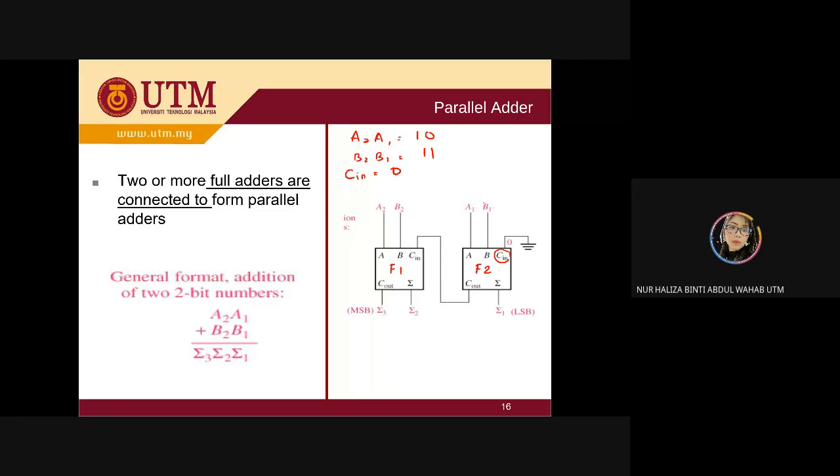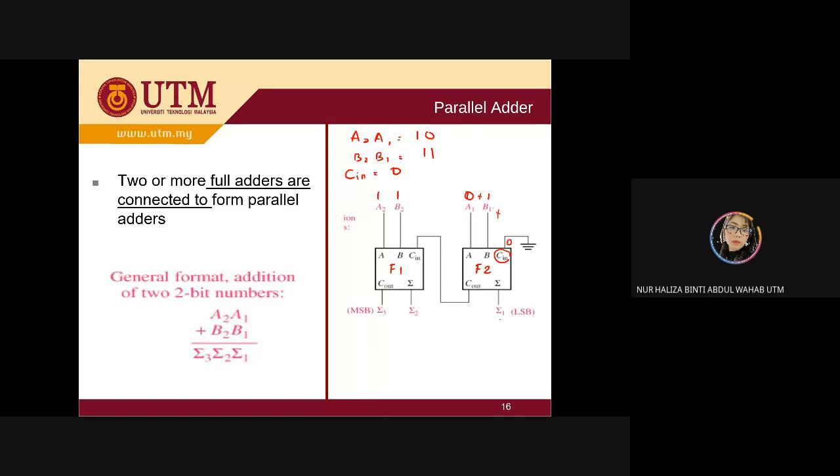Then you have here B1 is 1 and A1 is 1. Here will be A2, A1 is 0. This one is 1, 1. So from here, you're going to see you will add 0 plus 1 plus 0.